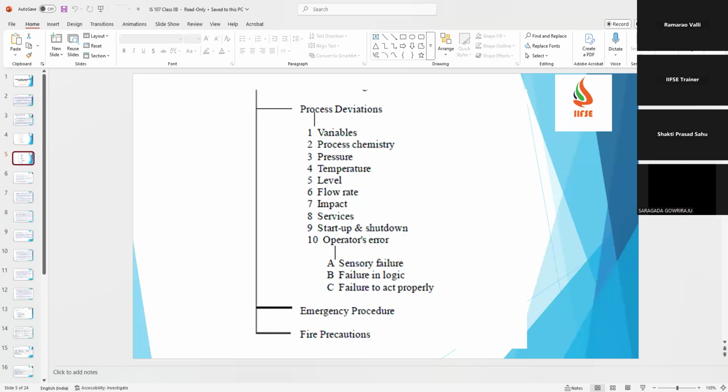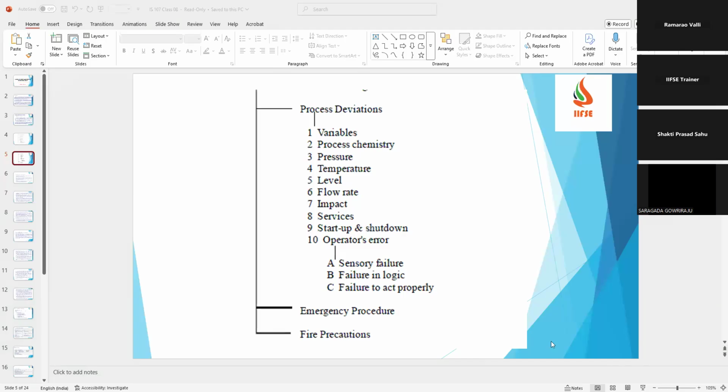So basically, what do we do in the case of an emergency? Basic things. Let's assume a fire emergency. First of all, we gather all the working personnel at an assembly point.